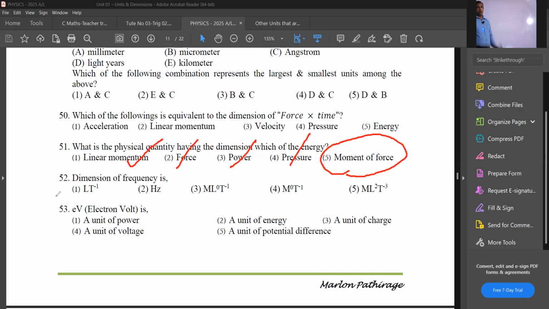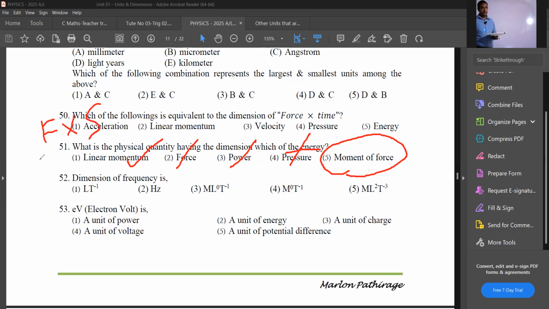Answer number 5. I will tell it again. Linear momentum is equal to force into time. The first thing is that energy is equal to force into distance. That one you should know.